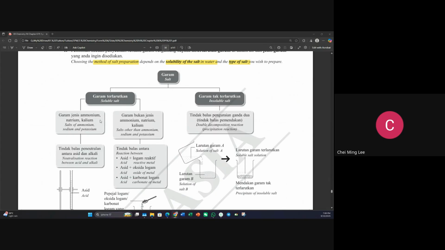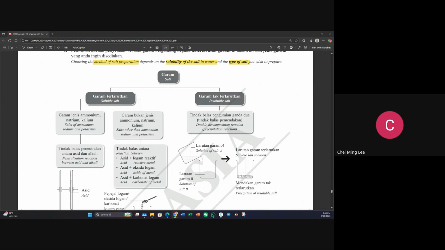For other salts, we use the reaction between acid and reactive metal, acid and metal oxide, or acid and metal carbonate. Later on, jot down metal oxide and metal carbonate.